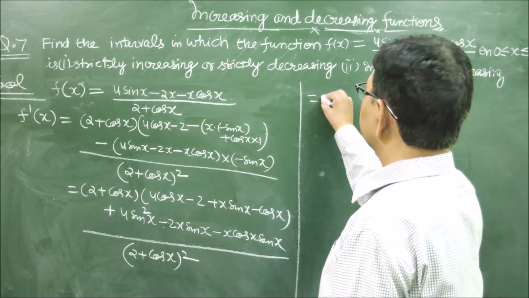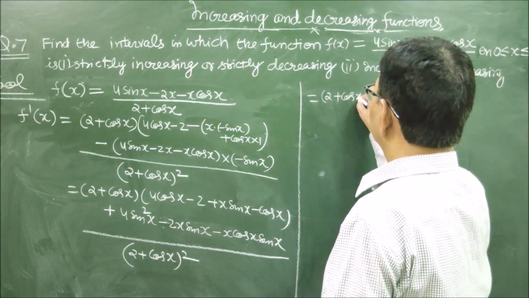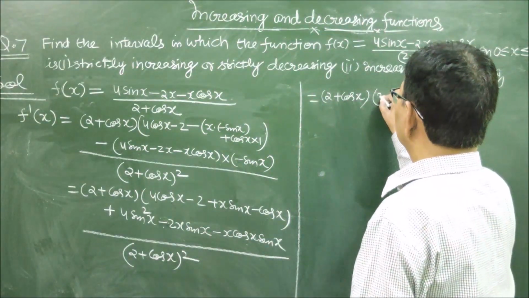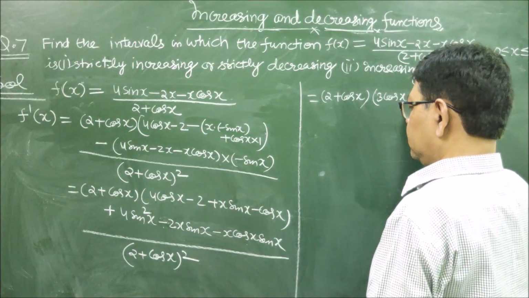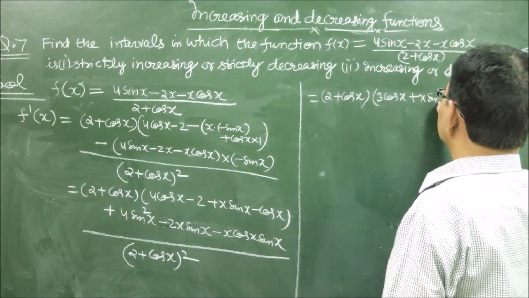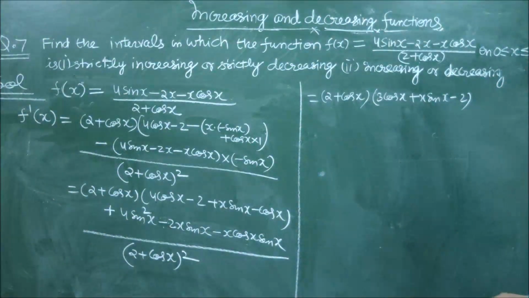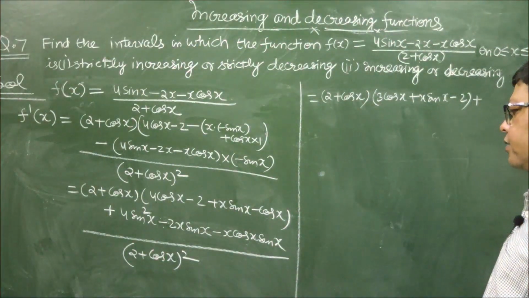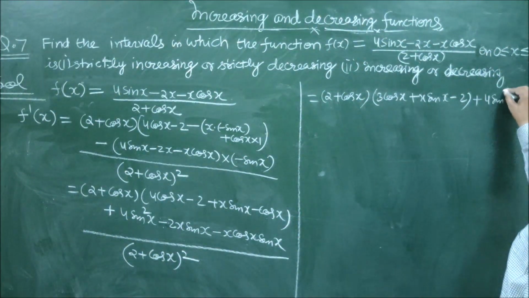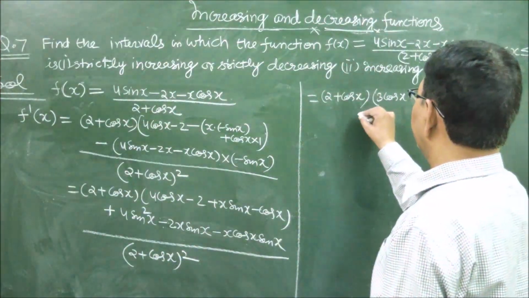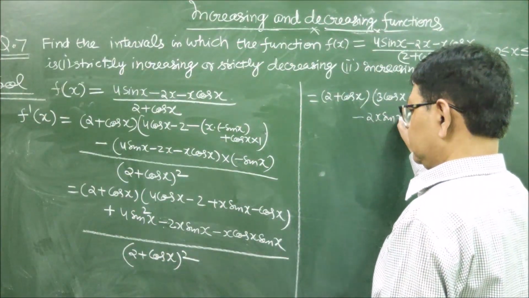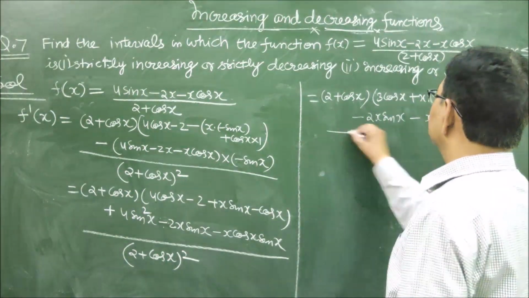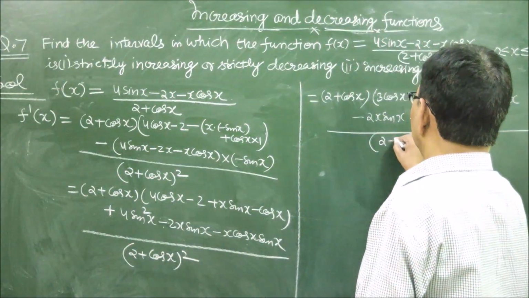So (2 + cos x) into (3 cos x + x sin x − 2) plus 4 sin square x minus 2x sin x minus x cos x sin x upon (2 + cos x) whole square.